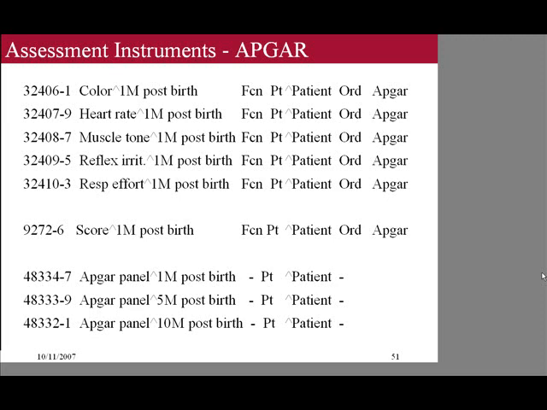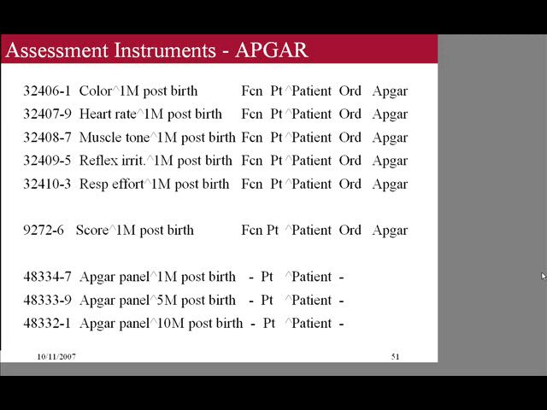So it's the sum of those original initial measurements. And then the other thing that you have is panel definitions. For instance, there's a panel definition that tells you that the 1 minute post-birth panel actually consists of those 5 top measurements. And so in LOINC, we have all of the 1 minute measurements, all of the 5 minute measurements, all of the 10 minute measurements.